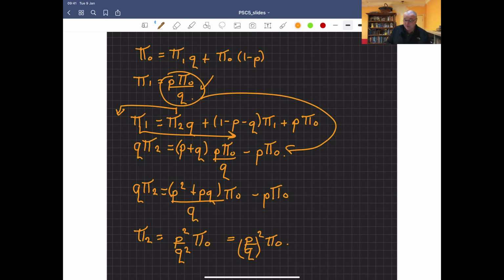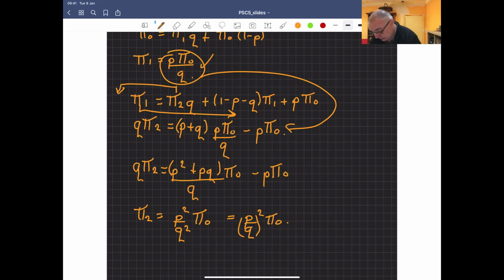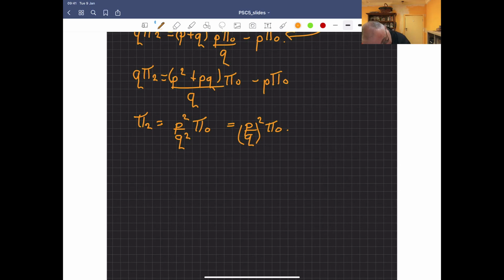And in fact, you could go and look at the ith case, and I'm not going to go through the details, but eventually you could show that pi I equals p over q to the I pi 0. So all our states are in terms of pi 0.